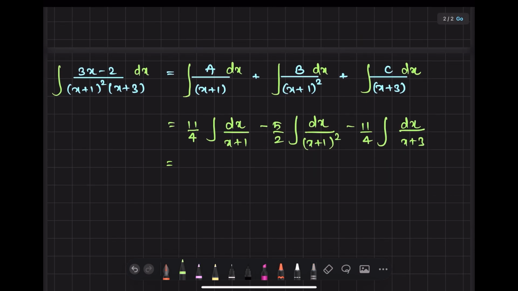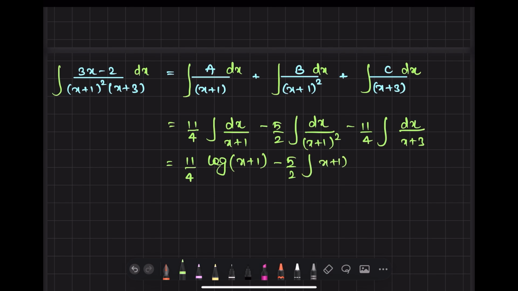Now let's do the integration. You know that it is appearing to be x, meaning z, on the denominator, you will take that thing as z. So you can directly integrate and write 11 by 4 log mod, I will be writing bracket, x plus 1, minus 5 by 2. You know that you cannot integrate this thing easily, so what I will do is take that thing in the numerator.